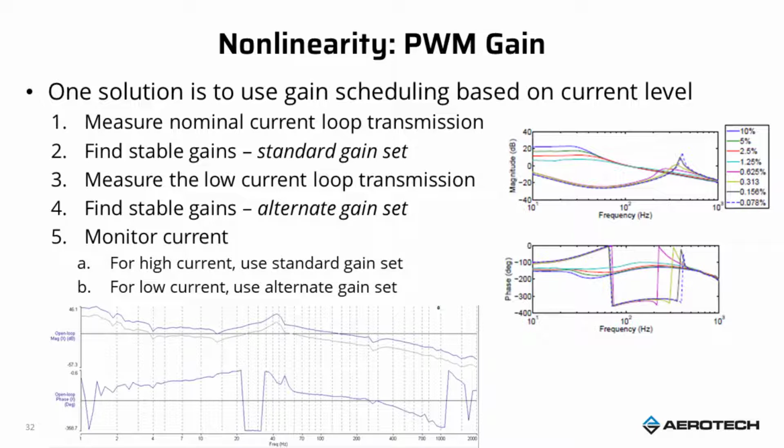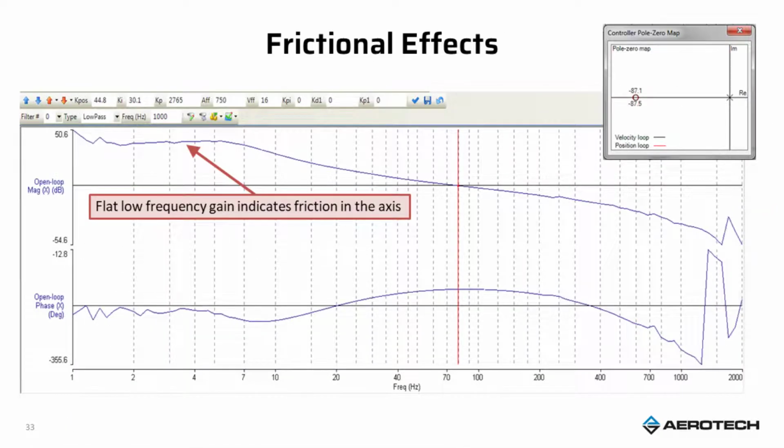I wouldn't want to just do one loop transmission to make that decision. I'd run a family of curves like you see here on the right, and eventually you'll see some definitive kind of breaking point that says, okay, below this current, it would be a good idea to most likely increase the gains that I'm going to use and have that alternate gain set kick in when the current falls below there.